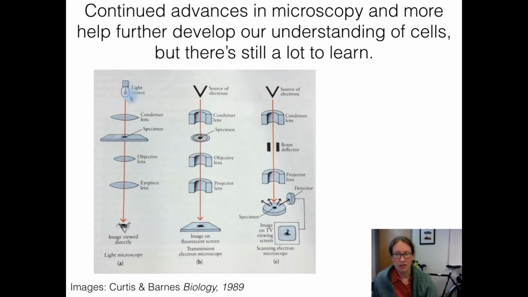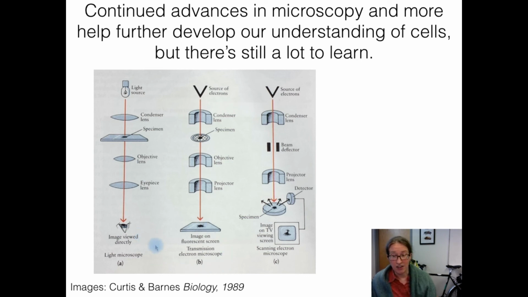and then we view the light that passes through the object of interest with our eyeballs. And this microscopy method can usually get us up to a magnification of around 1,000 times what you can see with your eye by itself.